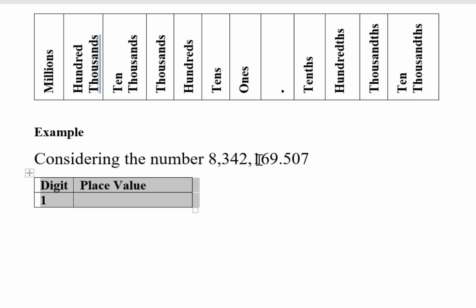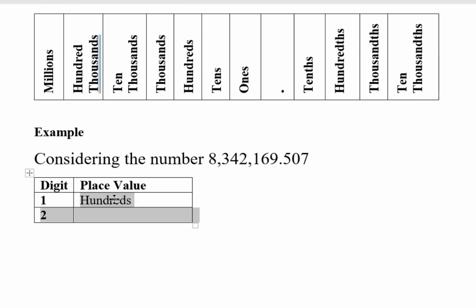So what is the place value of this one? For us to identify it, we start counting from here. We say this takes place value of ones, this one takes tens, this takes hundreds. So 1 has a place value of hundreds.